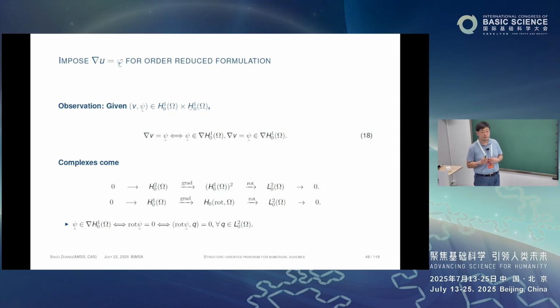This is a method to impose this identity. So how to impose this psi in gradient H1? Psi in gradient H1, okay, we come back to this complex, means it's curl free, means curl psi equals 0. That is, the inner product of curl psi and q equals 0.